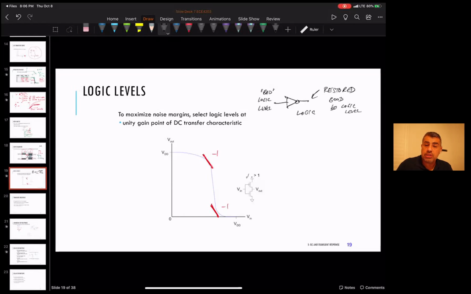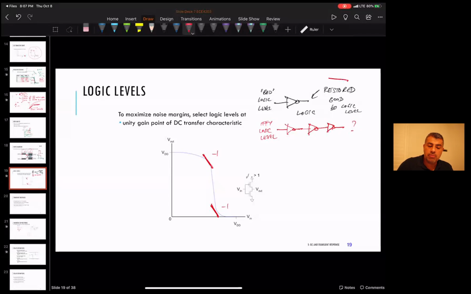If this wasn't the case, and you got a bad logic level and your transistor made it a little bit worse, then as you string up your logic, your signal would just die. You'd have an iffy logic level here, and you'd end up with complete garbage on the outside.